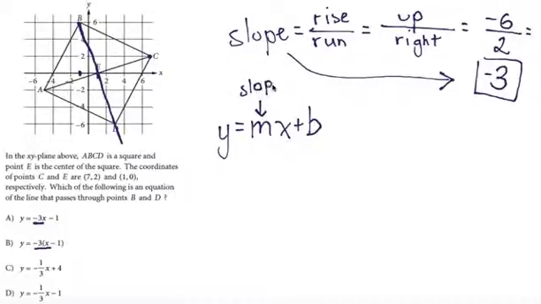And b is the place where you put the quote-unquote y-intercept, the spot where the line crosses the y-axis, which is really just where x equals 0. Wonderful.